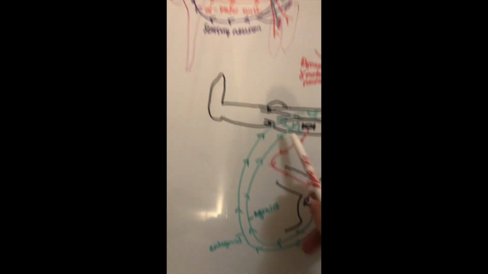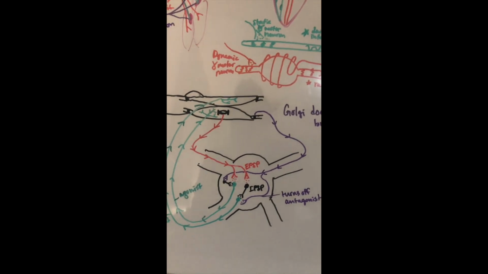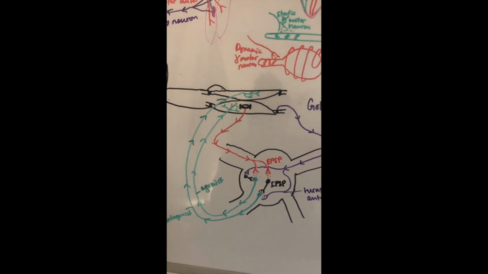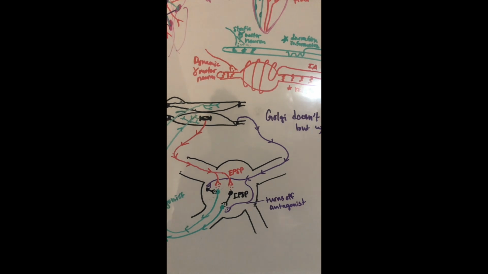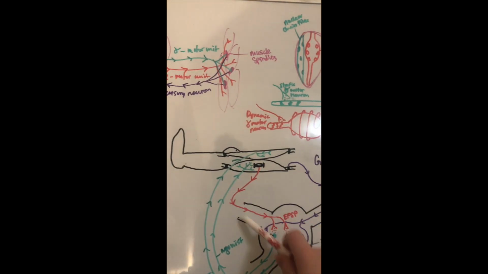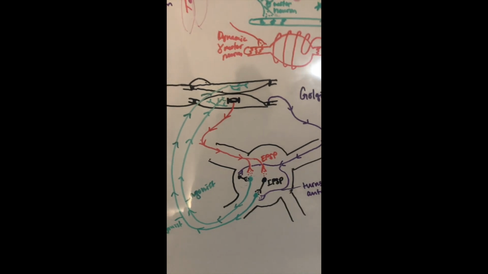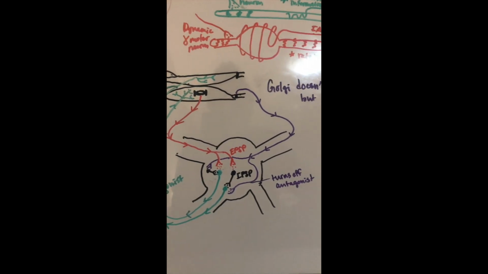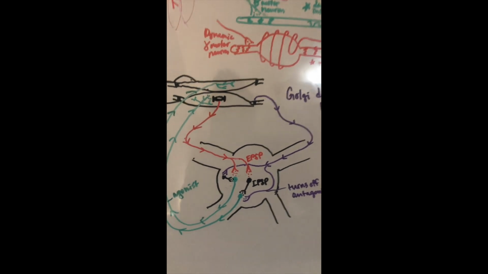First of all, let's say we were to stretch our antagonist muscle. This stretch, like we've talked about earlier, gets sensed by the muscle spindle, and that sends information back to the brain through our alpha motor unit. This is also known as an EPSP, or an excitatory postsynaptic potential.